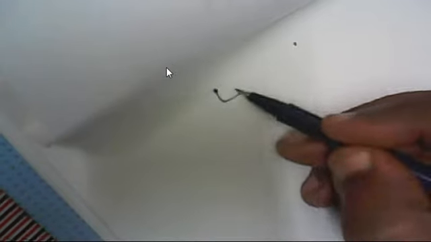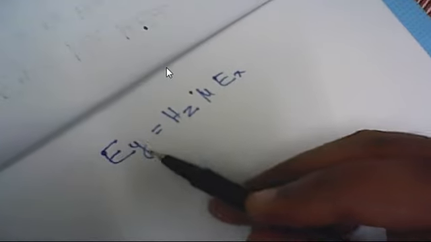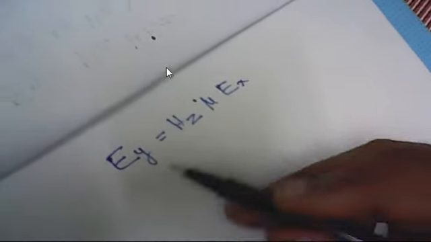So we know that Ey, the Hall field direction, is equal to Hz mu into Ex. We know this expression already, and we can substitute the expression here.